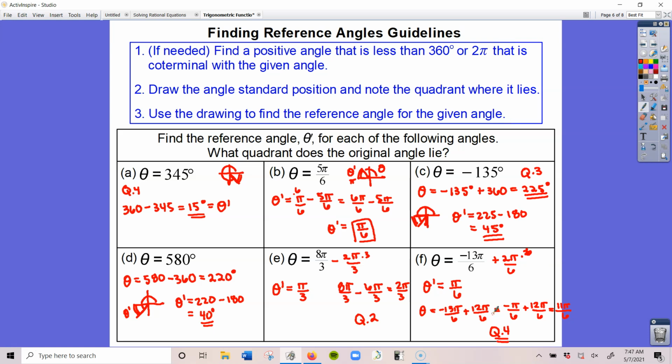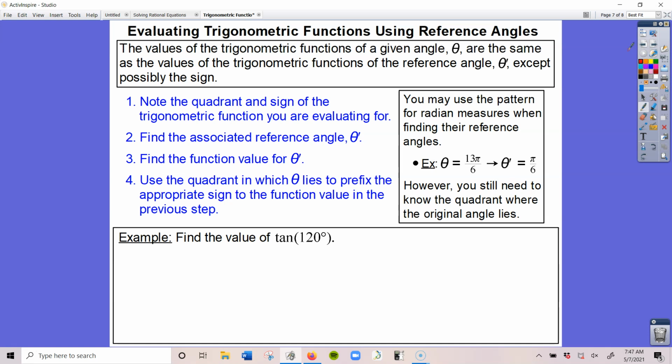So now that we know how to find reference angles, let's see how we use them. Like I said, we don't necessarily need to have the entire unit circle memorized. We just need to know quadrant 1, and the reason for that is the reference angles.